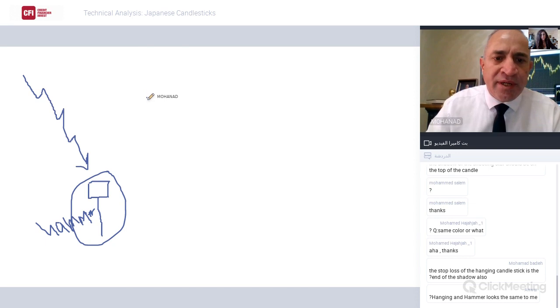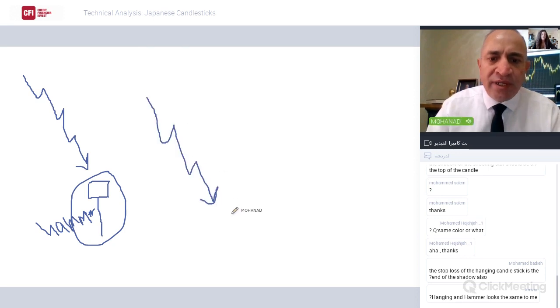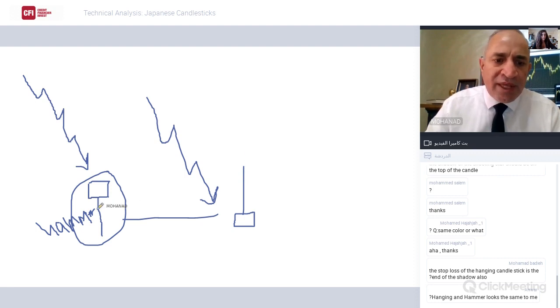The other single bullish reversal pattern: I'm moving in a downtrend, and at the end of the downtrend, I have an inverted hammer. It is the same, but in the opposite direction: the shadow is up, while in the hammer the shadow is down.